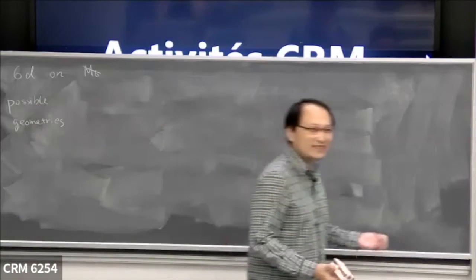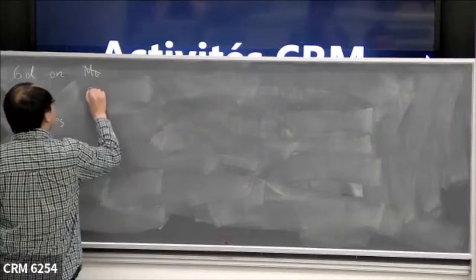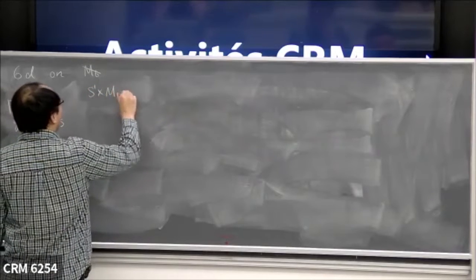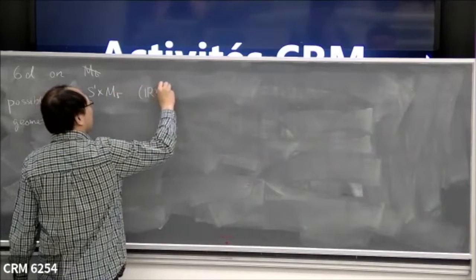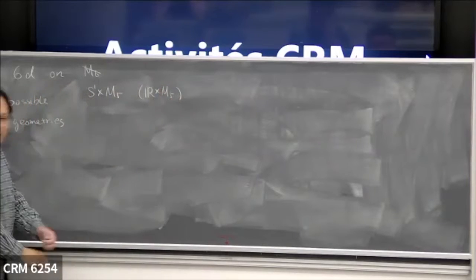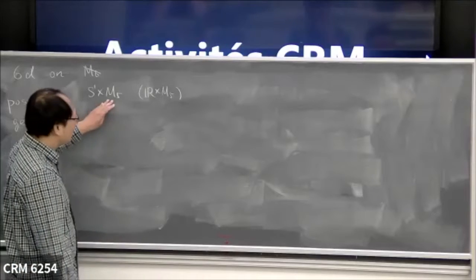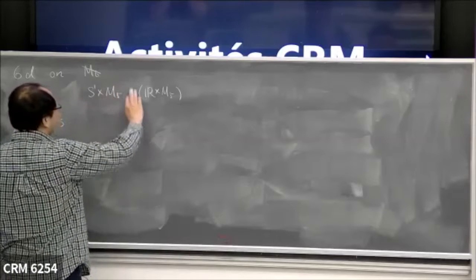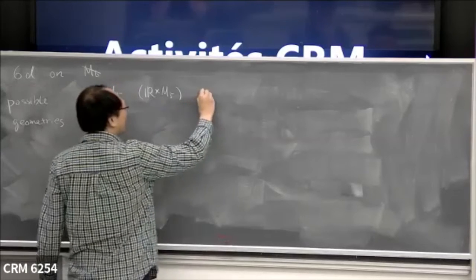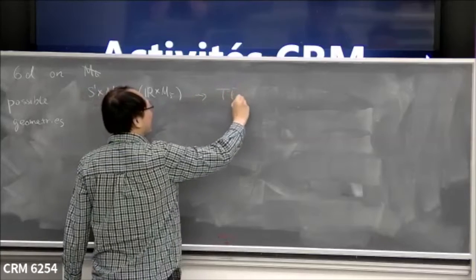So can anyone suggest some geometry on which we would like to study the 6D theory? Let me offer one that is also not very good. That's S1 times M5 or R times M5 with a generic 5-dimensional manifold. What happens here is that I can actually preserve supersymmetry. If I reduce on the 5-manifold, I'm going to get theories that are labeled by the 5-manifold.